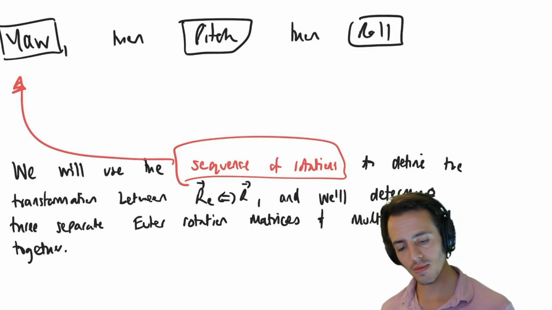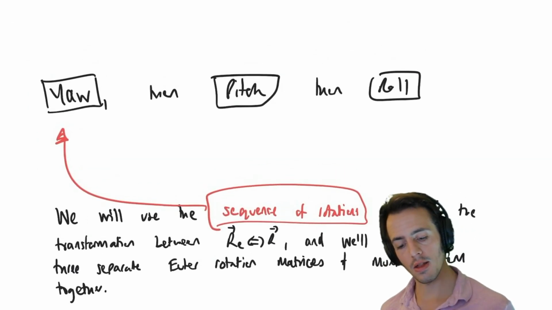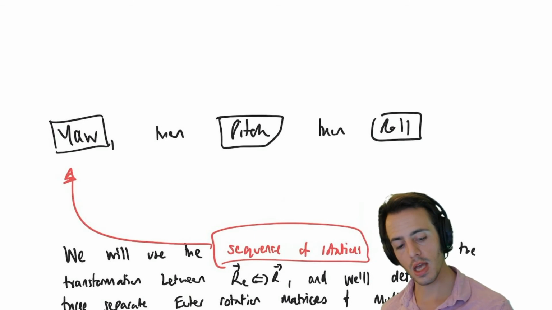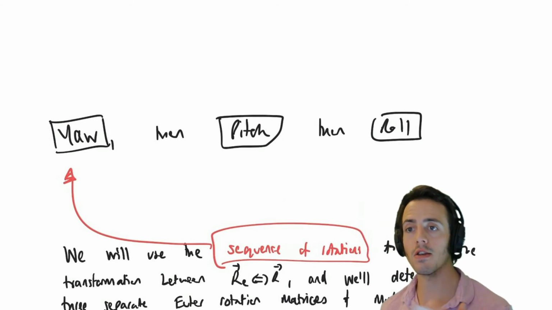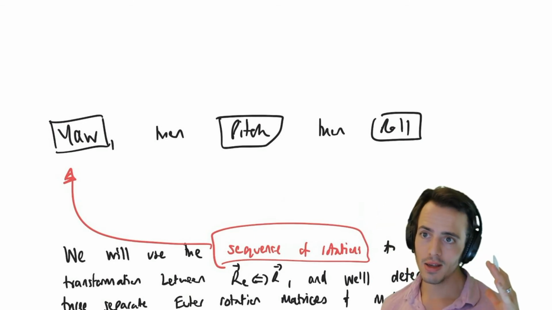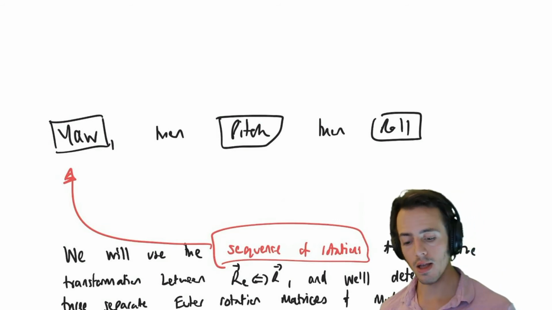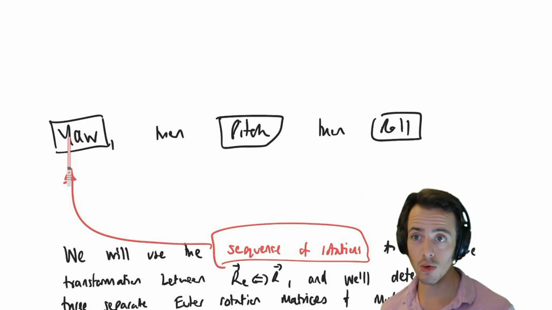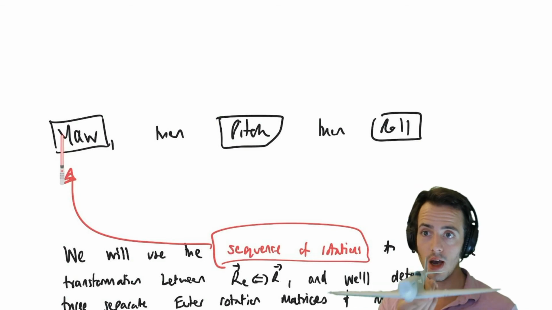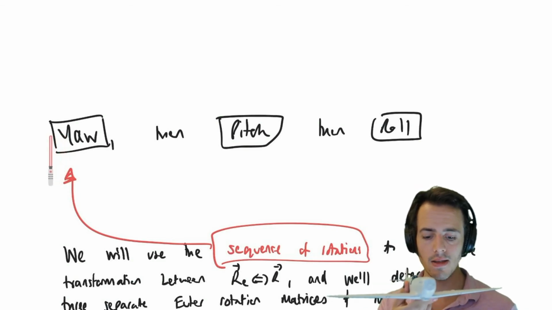Okay, and what we'll end up seeing, the reason why it's not correct is because each angle actually defines a relationship between, so firstly, yaw defines a relationship between earth axes and some intermediate axis set.